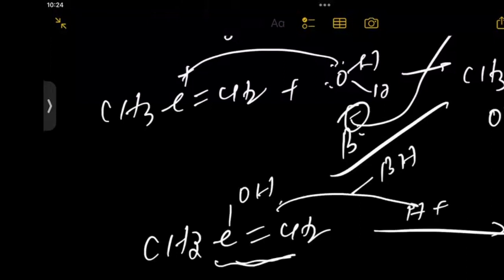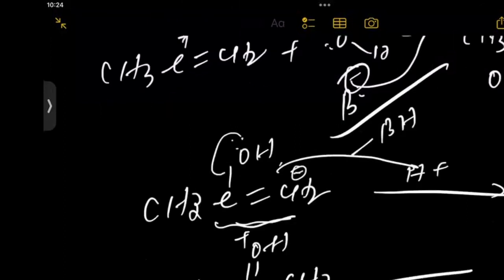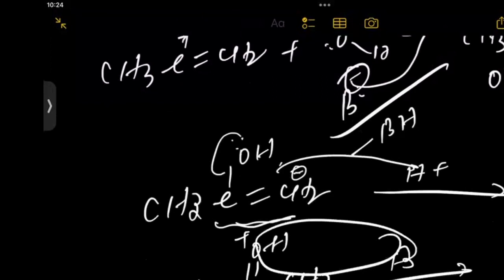When it attracts the proton, CH3 will form. It means there is a negative charge here. Once the negative charge comes, the lone pair will shift here and the double bond to O will form. I hope you understood. Now again the base will attract the proton and you will get acetone. Correct? So alkyne gives acetone.